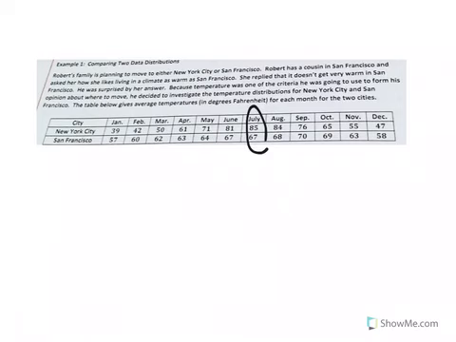In New York, the average is 85 degrees. In San Francisco, the average is 67. If we look at San Francisco: 57, 60, 62, 63, 64, 67, 67, 68, 70. That's our high water mark. September is the hottest average month in San Francisco according to this data. 70 degrees, 69, 63.